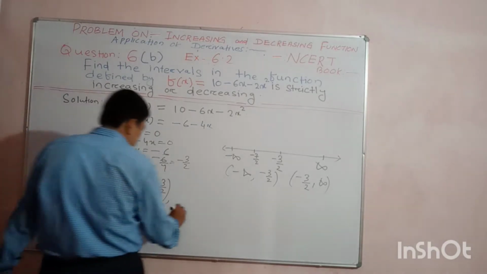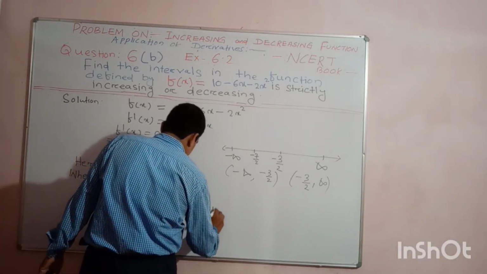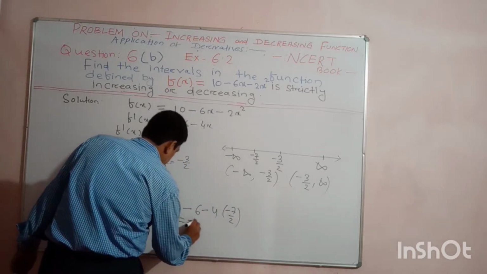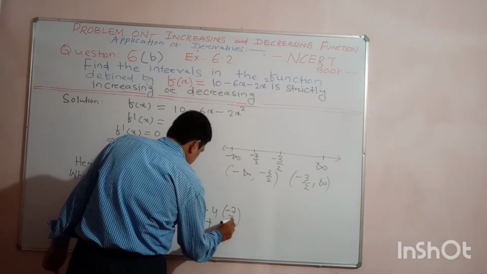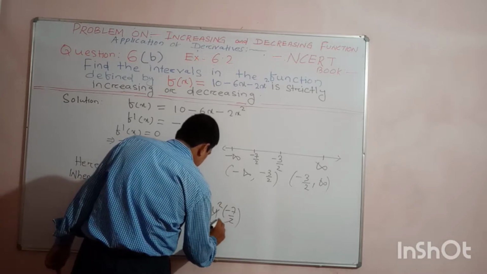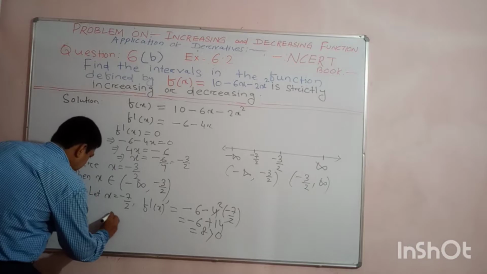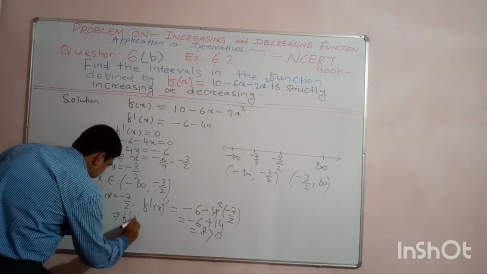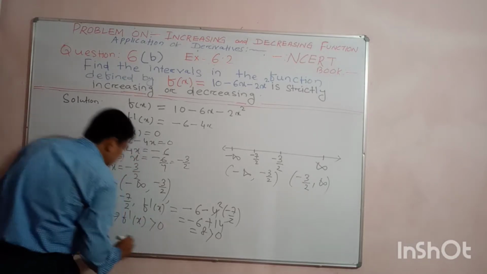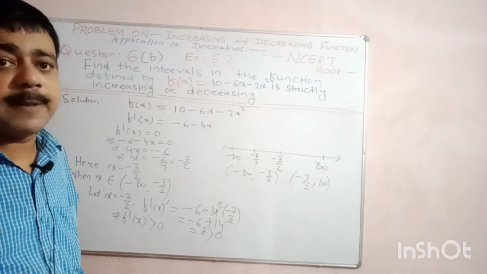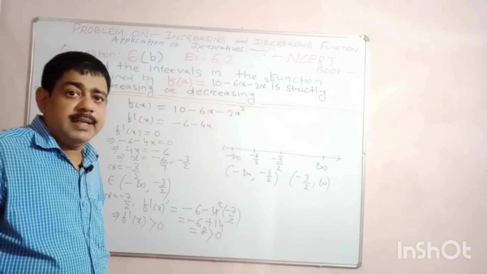Minus 6 minus 4 into minus 7 upon 2. And you see, minus 6 minus minus 14 is equal to 8, which is greater than 0. That implies the slope of the function f dash x is greater than 0. So if the slope of the function is greater than 0, according to the definition, the function is strictly increasing.